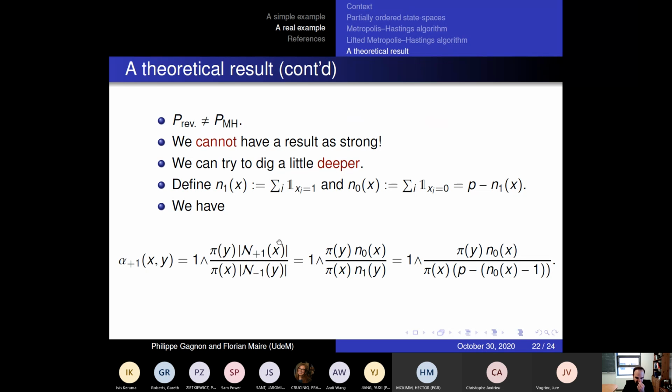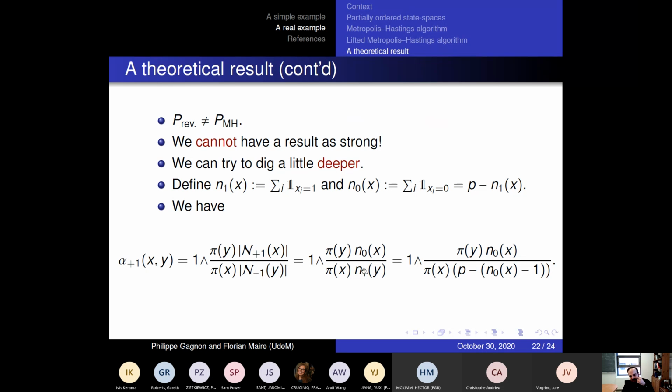Because if for instance you consider the size of the neighborhood of x with direction +1, it's equal to n0 of x, okay? Because the number of models where you have the possibility of adding a covariate is the number of zeros that you have in your vector x.